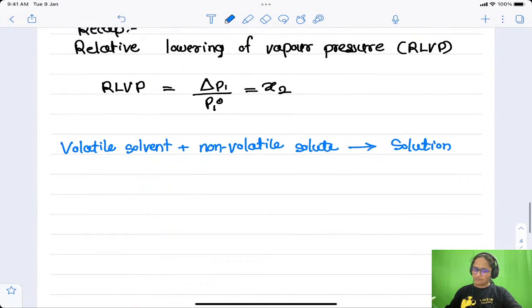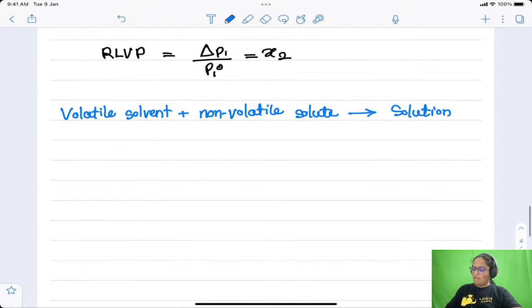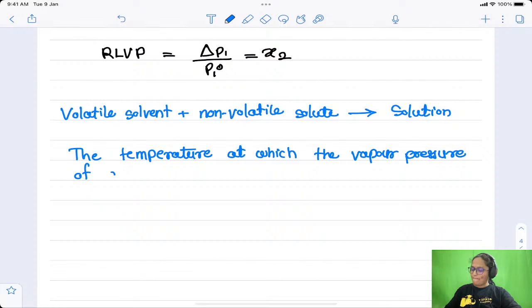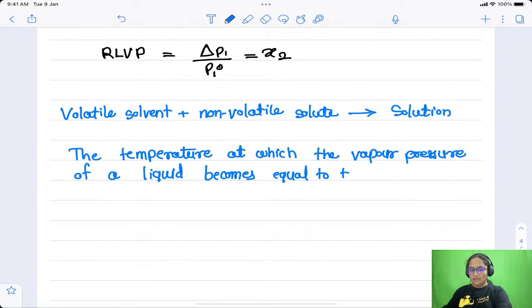So let me write that down. Boiling point: the temperature at which the vapor pressure of a liquid becomes equal to the atmospheric pressure.